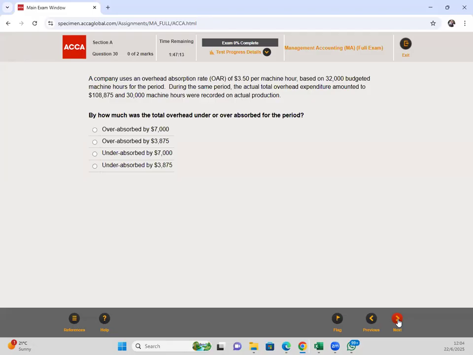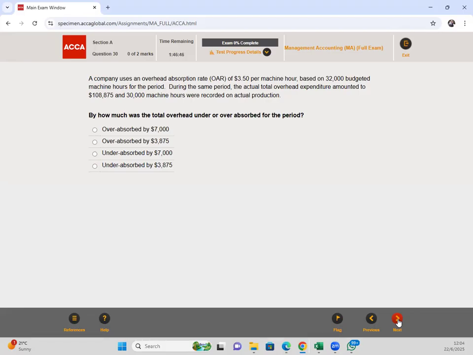A company uses an overhead absorption rate, or OAR, of 350 per machine hour based on 32,000 budgeted machine hours for the period. During the same period, the actual overhead expenditure amounted to that, and 30,000 machine hours were recorded in actual production.